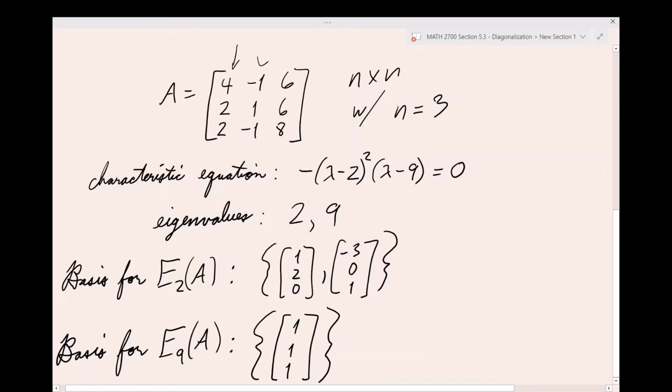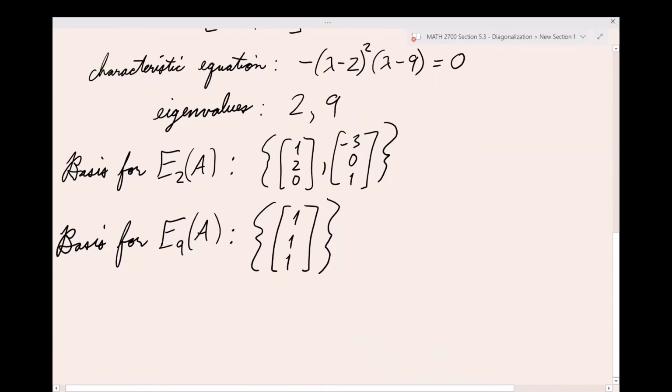Now the important, very nice thing that happened is if I look down here at the basis that we constructed for each of these eigenspaces, the dimension of those eigenspaces, remember dimension is how many vectors it takes to make a basis. Well, my 2 eigenspace has dimension 2. There's 2 vectors required to make a basis for it. And my 9 eigenspace has dimension 1. There was 1 vector required to make a basis for it.